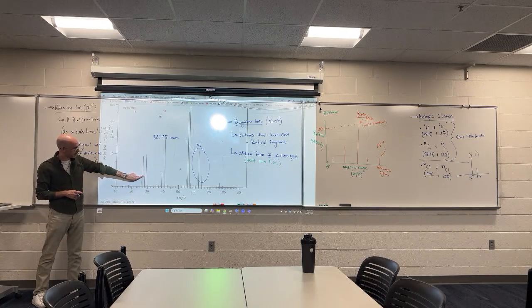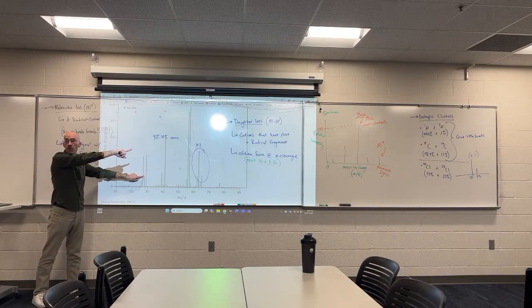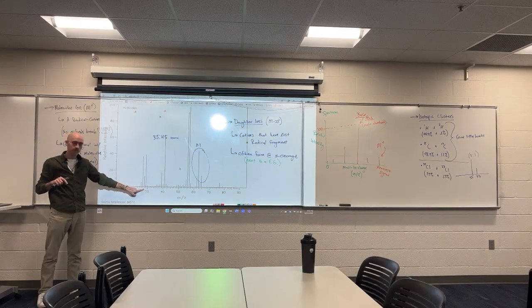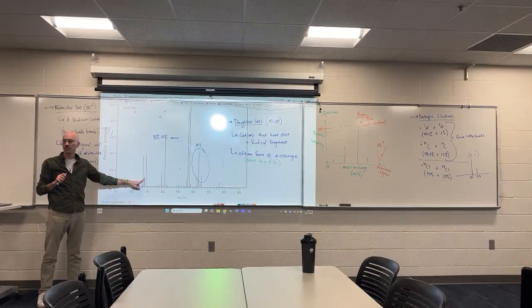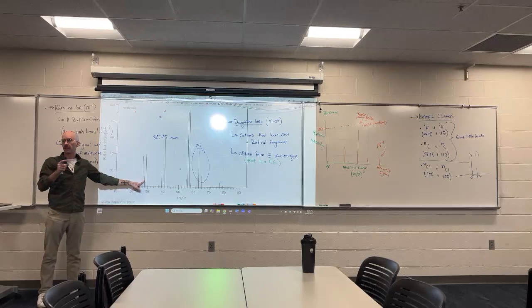Well, these are not different by 2 mass units. These are only different by 1 mass unit. And chlorine isotopes are different by 2 mass units. And the masses we're looking at are mass 27 and mass 28. So those can't be organic fragments with chlorine. They can't even be chlorine. Chlorine alone weighs over 30.